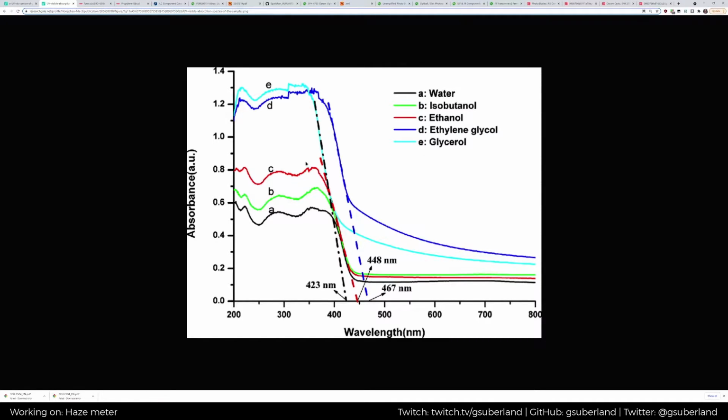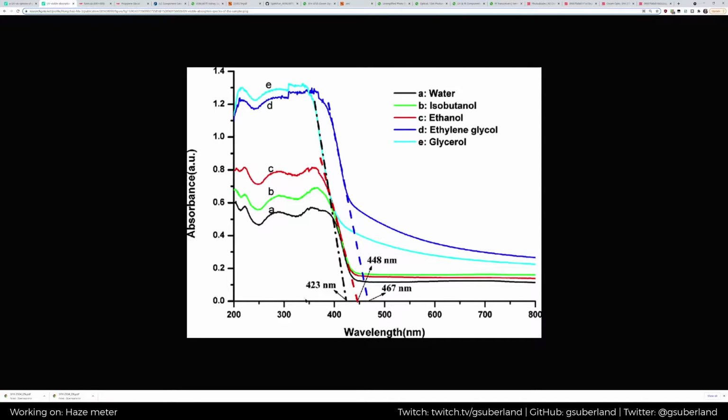So you can see that around 350 nanometers and below, particularly with the ethylene glycol, it comes over towards this side. Obviously, propylene glycol isn't on here, but it seems that all of the glycol and glycerol stuff is very similar. So you get this absorbance in the UV spectrum here.